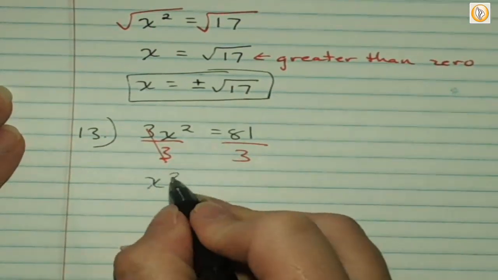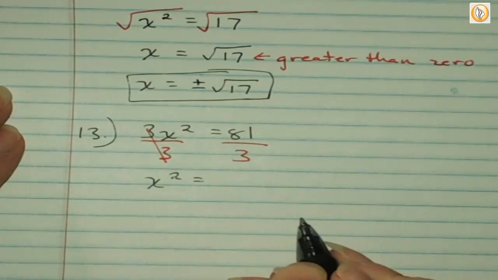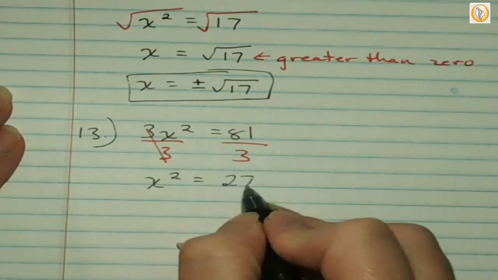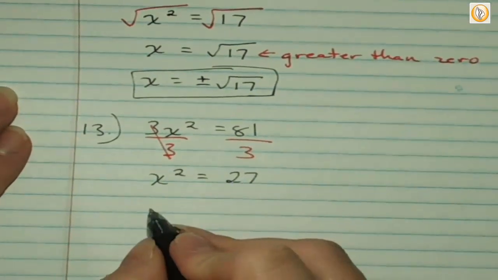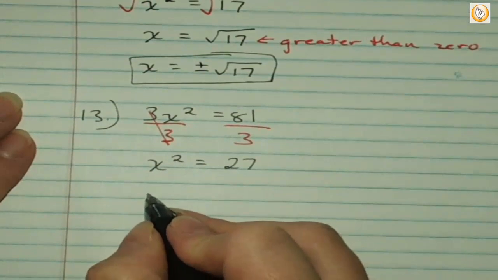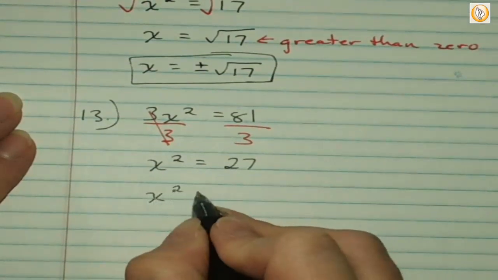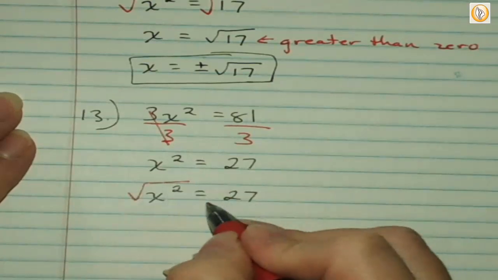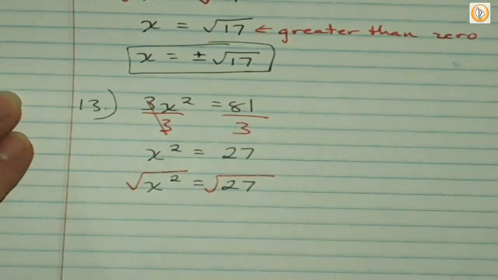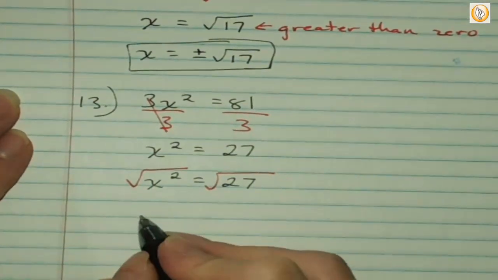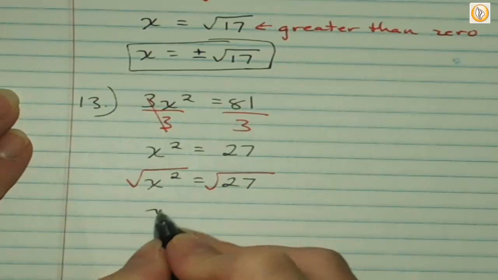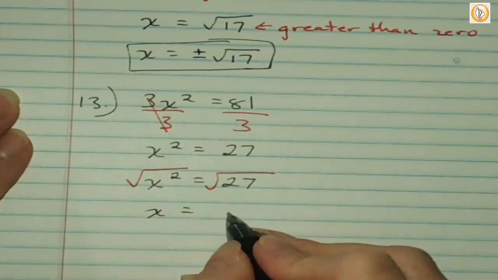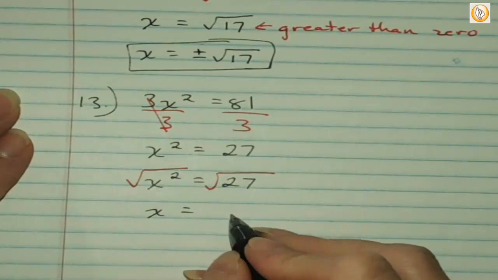So I'm left with x squared equals 27. Now what do I do? You have to square root it. Square root what? Both sides. That's the next step. So then x is equal to the square root of 27.